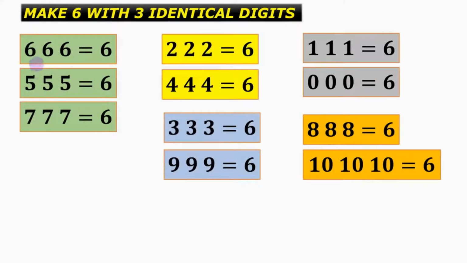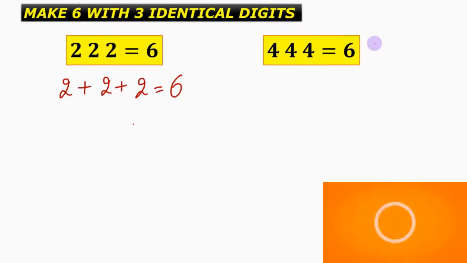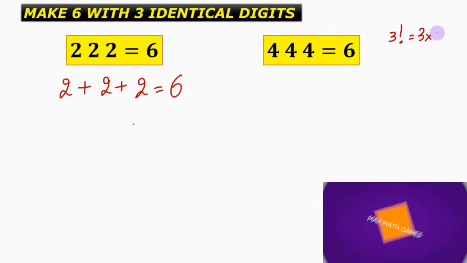So we have already covered these. Now let us check out section number 2. So we have 2 is equal to 6 and 4 is equal to 6. One of the easiest methods is 2 plus 2 plus 2 is equal to 6. Alright. Secondly, we already told you that we can use the factorial sign, and we know that 3 factorial is nothing but 3 into 2 into 1, which is equal to 6.